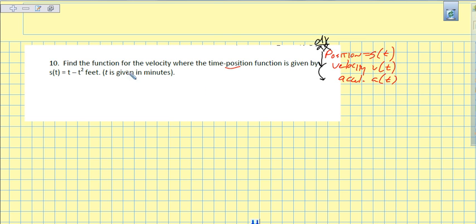I did briefly mention this, and we're going to do a lot more practice with it. Since they gave us the position function here, they want to know, find the velocity, and they don't directly tell you what to do, so it's important that you understand this relationship.